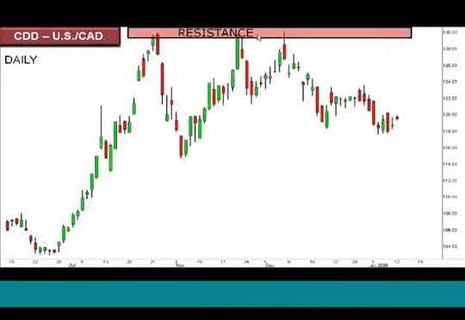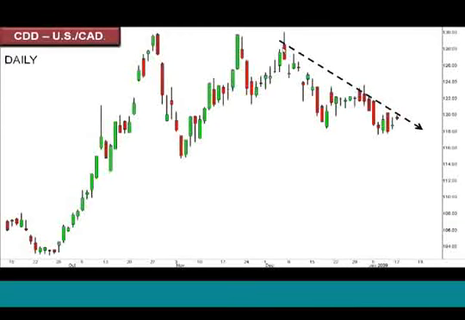Now, that doesn't mean that the possibility for a continuation isn't there, but it means there's a high probability of a pullback. So if you'll notice, as of late, we've now entered into a very intermediate-term downtrend on the CDD. That doesn't necessarily mean that the potential for a continuation to the upside is in place.